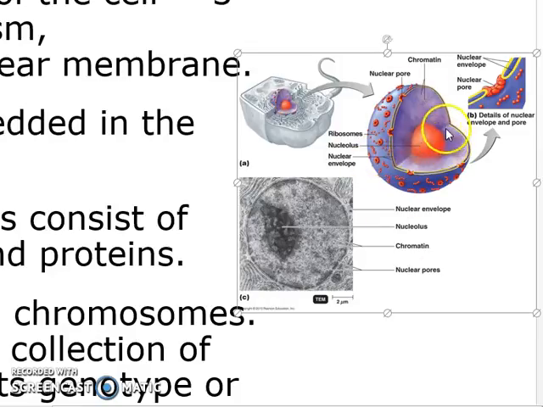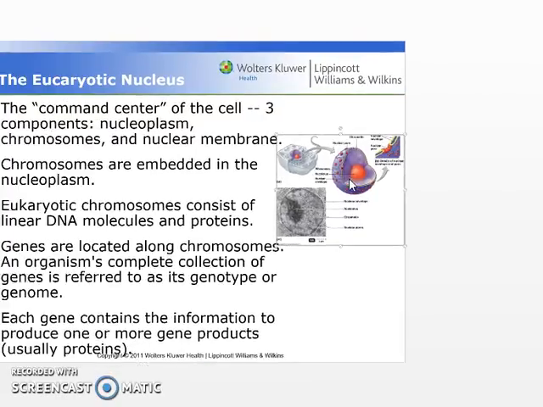So that process of transcription takes place here inside of the cell. And then you can see where the nuclear envelope is, which is essentially the membrane that surrounds the entire nucleus.